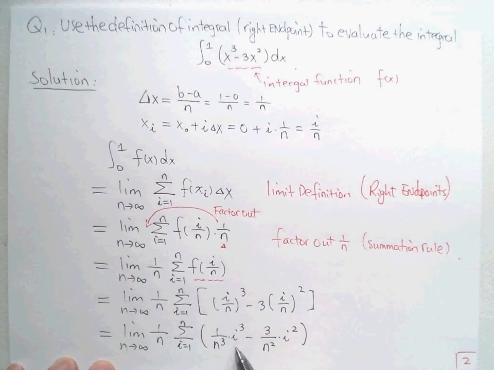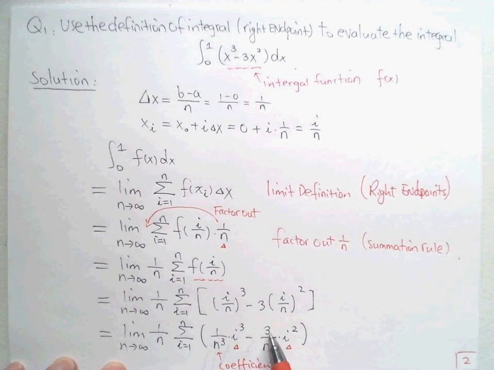Because this is the power: i squared, i cubed. This means the sums of power we are going to use, and this is the coefficient. This is also a coefficient, and this is the major one we need, because this one depends on i, and this coefficient does not depend on i. Later we can factor out again.